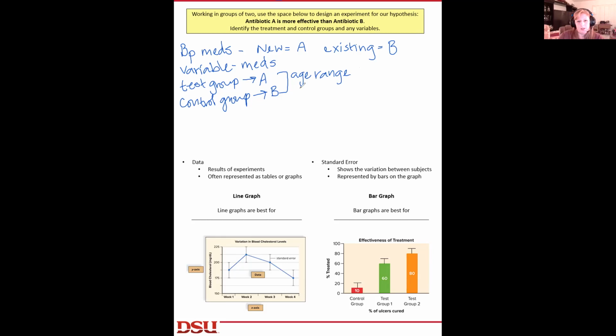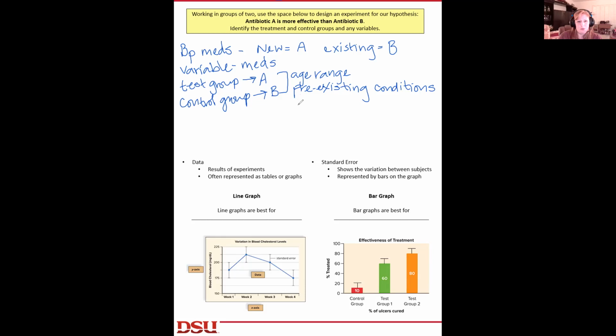You'd want to know what their pre-existing conditions are. So in other words, maybe you want your groups to consist of individuals who are on medication for the same underlying condition so that you don't get a whole bunch of other conditions, each of which could be affecting the success of the medication that's being given.